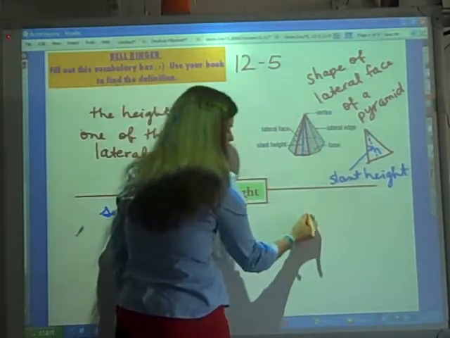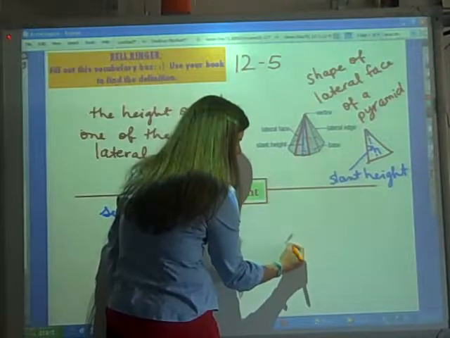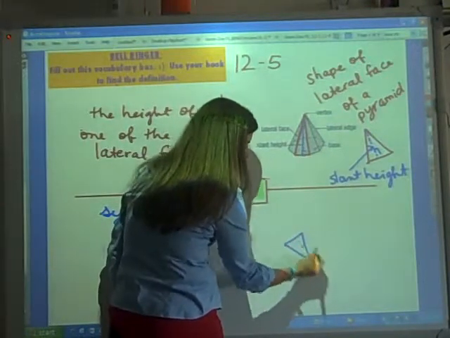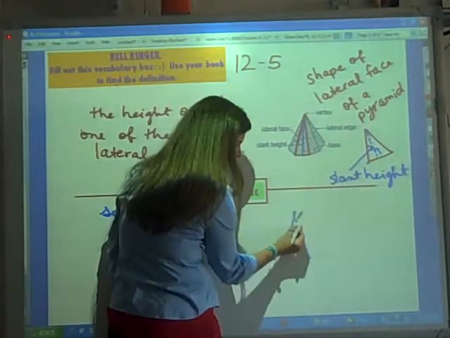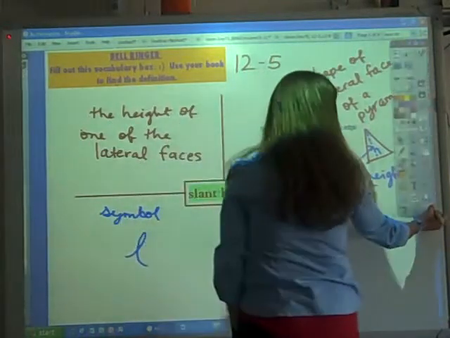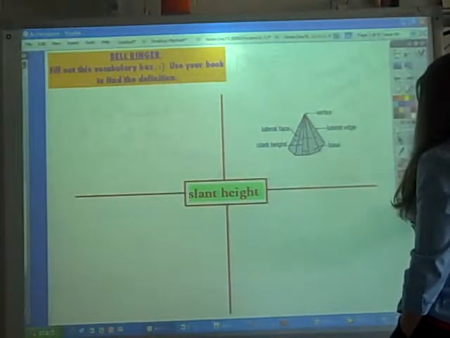Right here in a non-example, I want you to very carefully draw a triangular pyramid. Let me do a better triangular pyramid here.